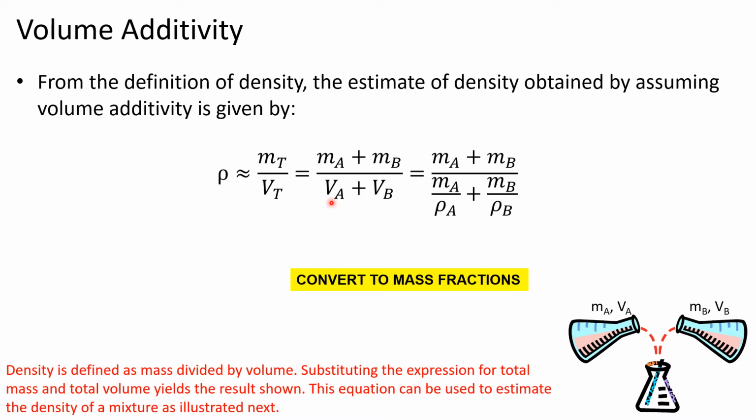Density is defined as mass divided by volume. Substituting the expression for total mass and total volume yields the result shown. This equation can be used to estimate the density of a mixture as illustrated next.